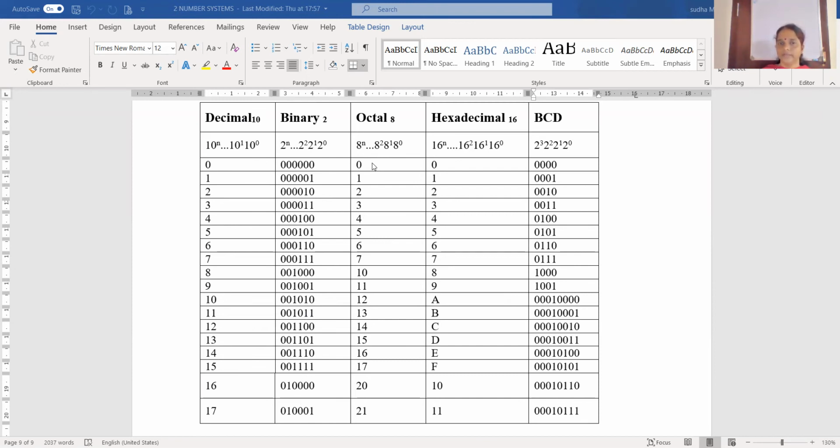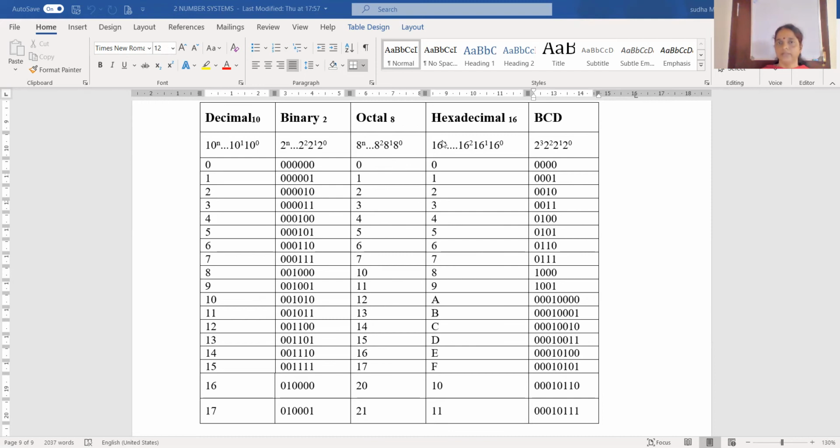Octal has only 8 numbers, 0 to 7. There is no 8 in octal. So decimal 8 is represented as 10, and 9 is represented as 11.